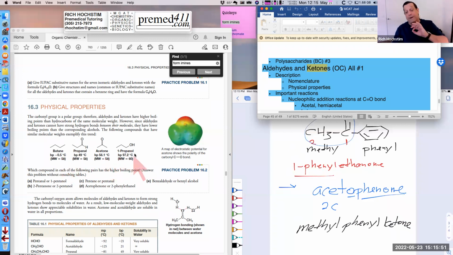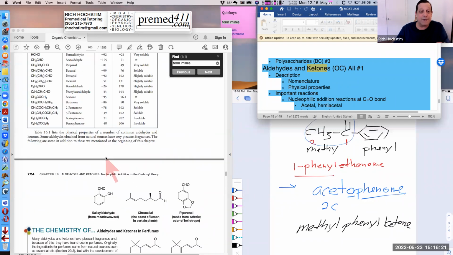And propanol, because it has hydrogen bonding, that has hydrogen on oxygen, nitrogen, and rarely on fluorine, because that would just be HF. That's going to have a lot of intermolecular forces, hydrogen bonding. And so that will have the highest boiling point. And as far as the aldehydes and ketones, those will be polar aprotic, those would be in the middle.